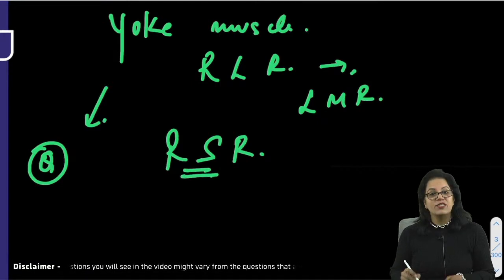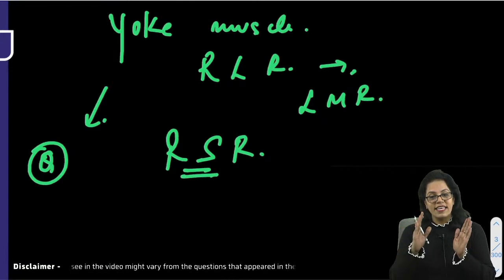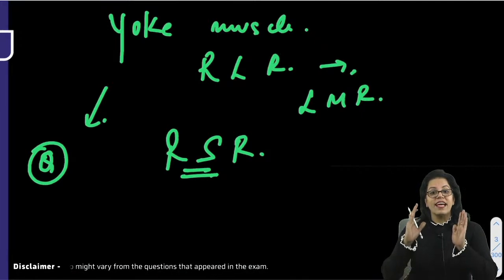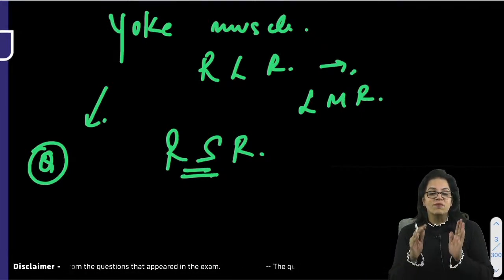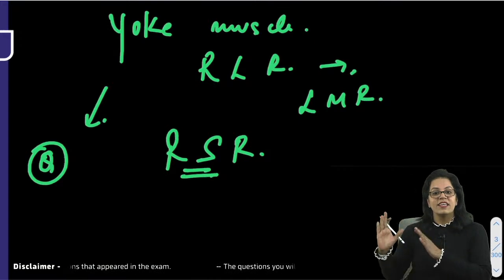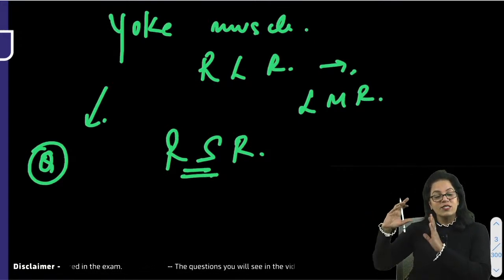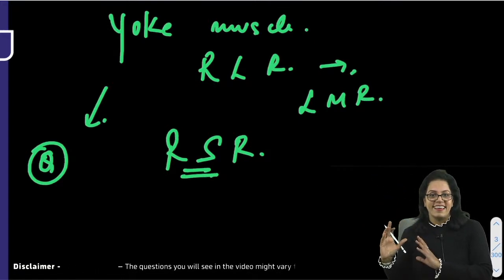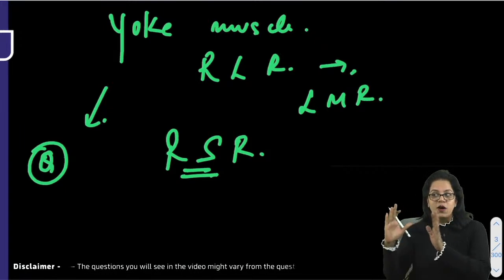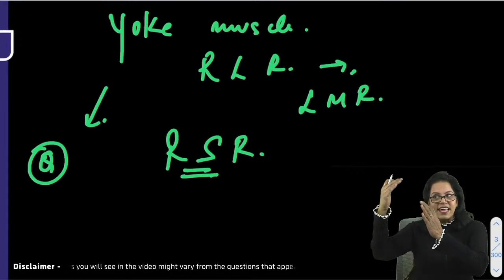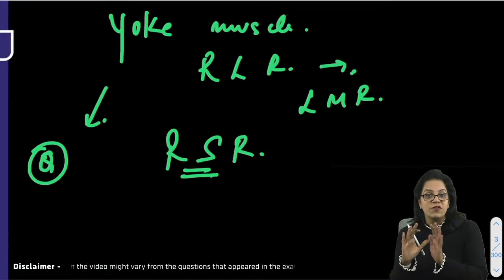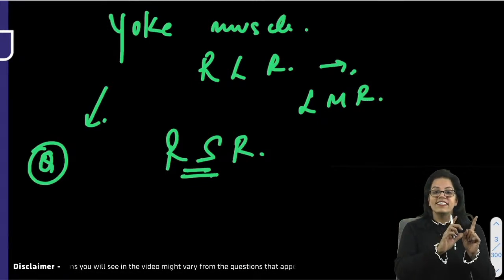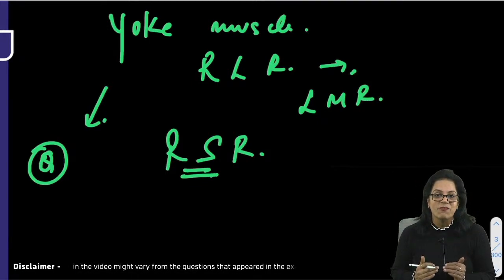To understand that, it should be clear to you that the action of elevation and depression is maximum in an abducted eye. In an abducted eye, it is the sole action of recti, isn't it? So when your eye is outward deviated, the action of elevation and depression is purely for recti, and in an inward deviated eye, it is for obliques, right?